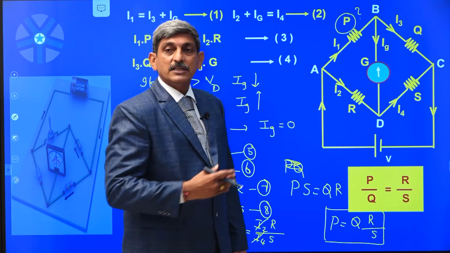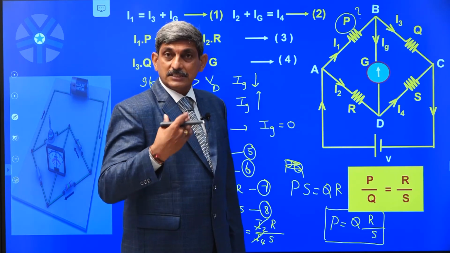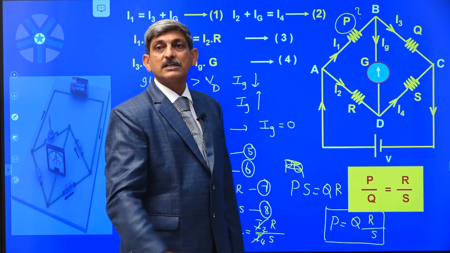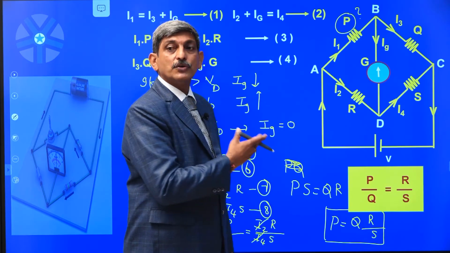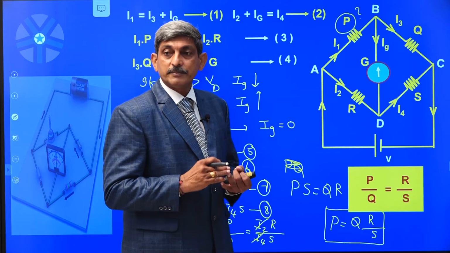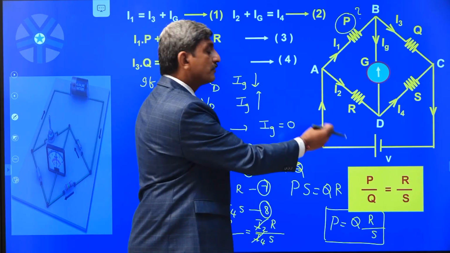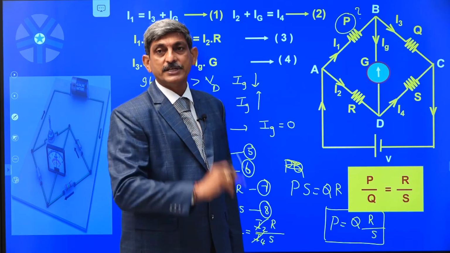By using the same principle, an electronic bridge is developed which is named as the strain gauge to determine the loads. Similarly, it is also used to determine some physical quantities like pressure, temperature, etc. using the simple principle P by Q is equal to R by S under the balancing conditions of the Wheatstone bridge.